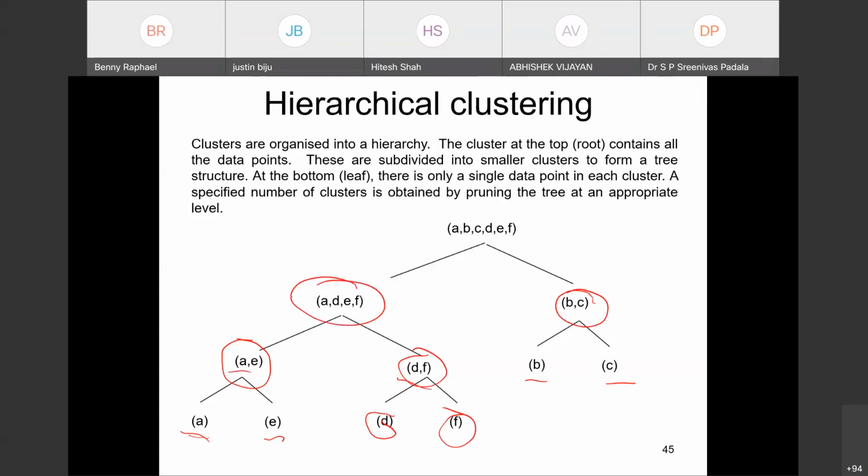So that is merged. Finally, what you get is a hierarchy of clusters. At the root, you have one cluster containing all the data points, which is subdivided into two clusters, which are further subdivided all the way to the leaf, where you have one point lying within each cluster. So this is the idea of hierarchical clustering.